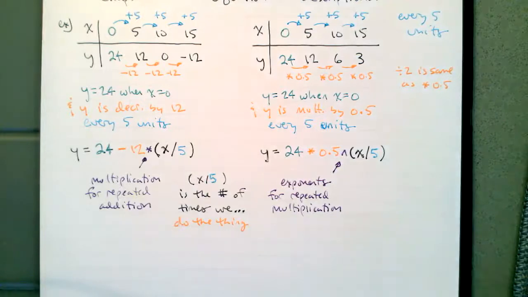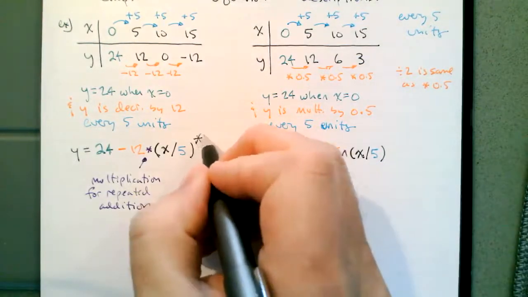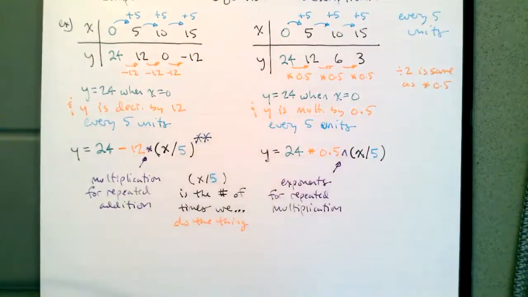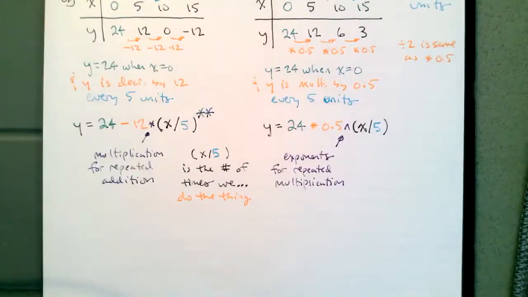Now I should make a note. We don't normally write linear functions this way. We normally summarize with a rise over a run.